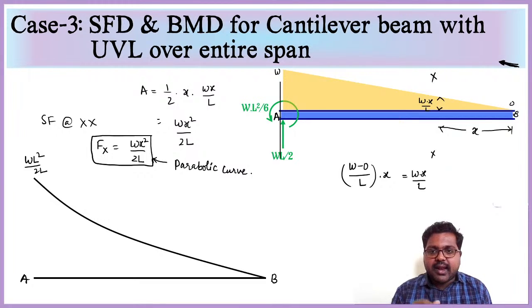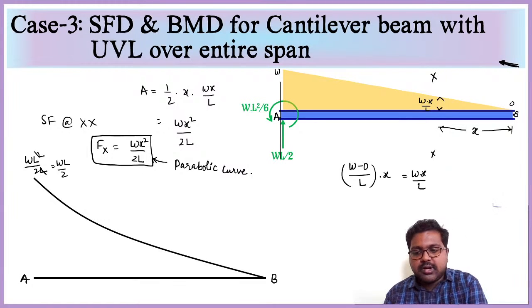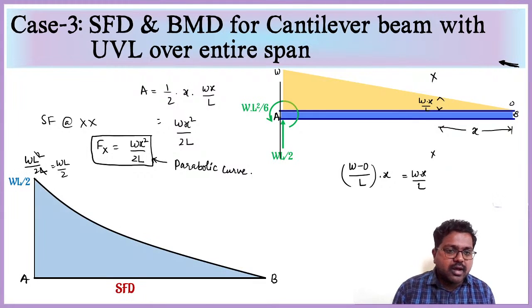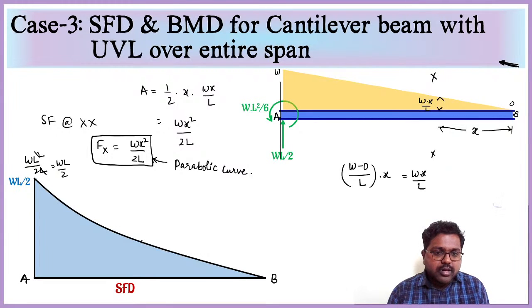Then immediate left, the same WL by 2 is acting as a reaction force, so it will come to 0. So this is our shear force diagram, and the point to remember here is the curve which is shown here is the parabolic curve.